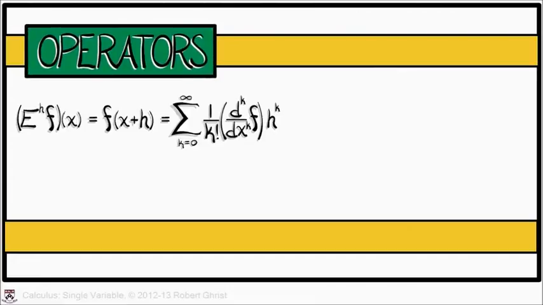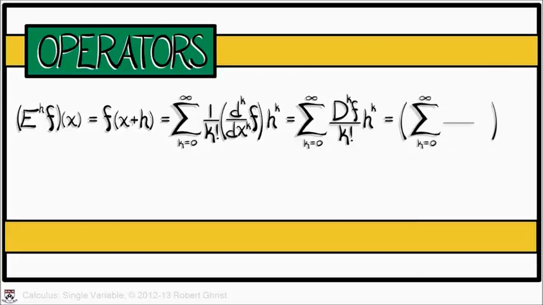Now notice there's a kth derivative of f. So let's use our differentiation operator, D to the k, for taking that kth derivative of f. And now we see that there are two terms that are raised to the kth power: D, the differentiation operator, and h, this perturbation to the input.